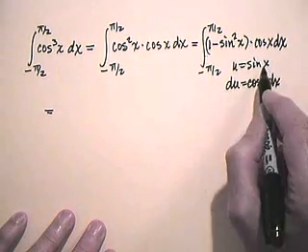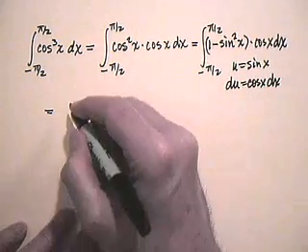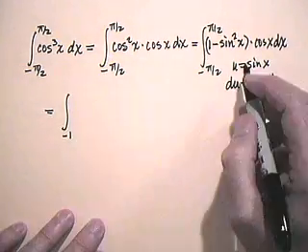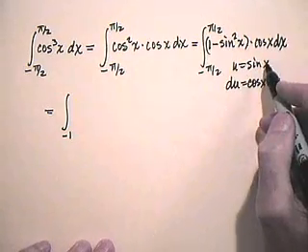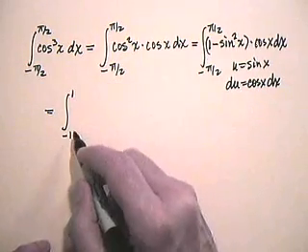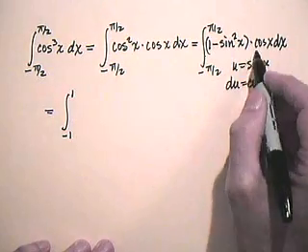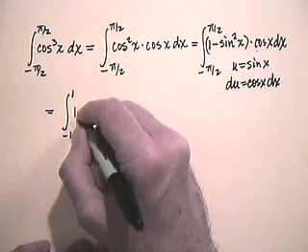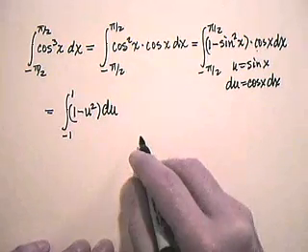When x is negative pi over 2, sine of negative pi over 2 is negative 1. When x is positive pi over 2, sine of pi over 2 is positive 1. So we're now integrating from negative 1 to 1 of 1 minus u squared du.